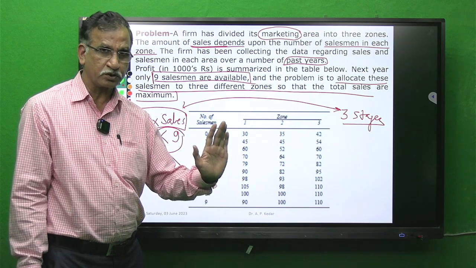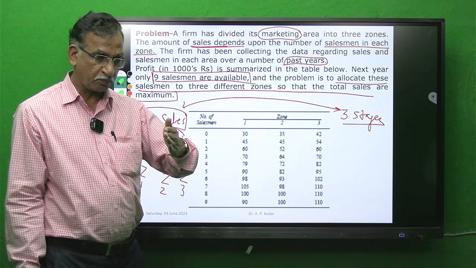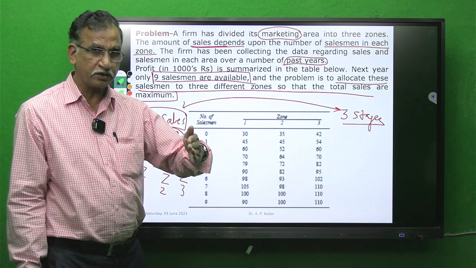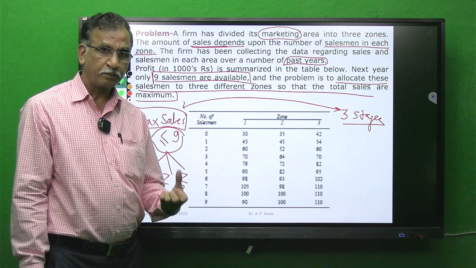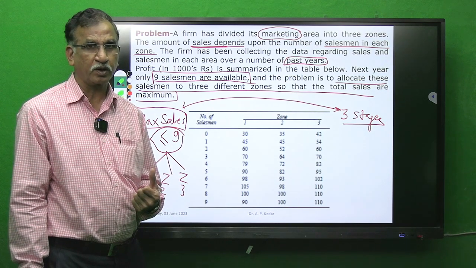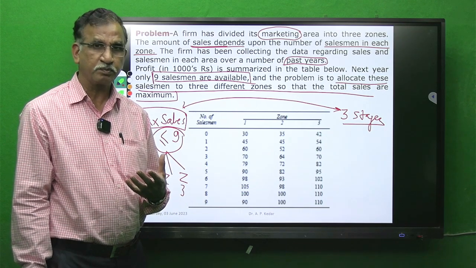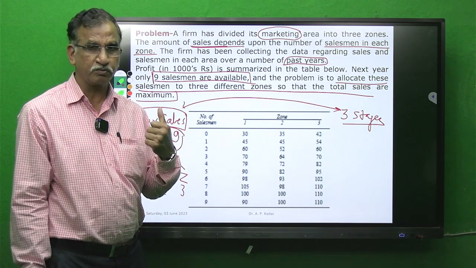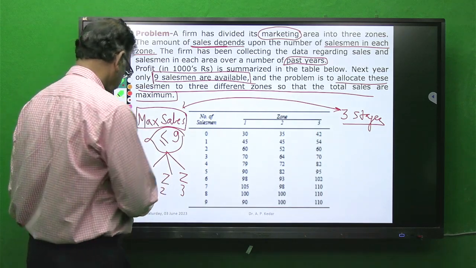In this process, we will move from the initial position stage-wise to all 3 zones, and we will use the principle of dynamic programming stated by Bellman, which is called Bellman's principle of optimality, which we have discussed in the very first lecture. So let's move.